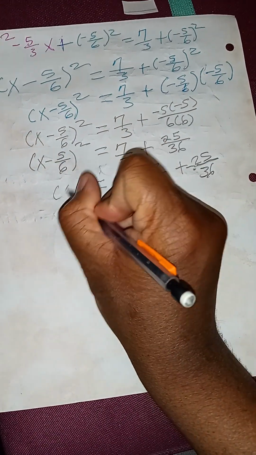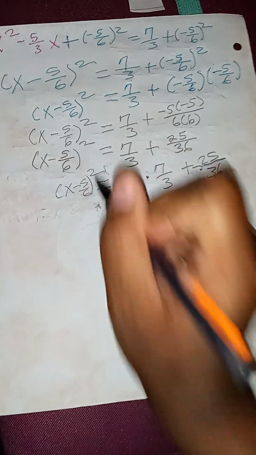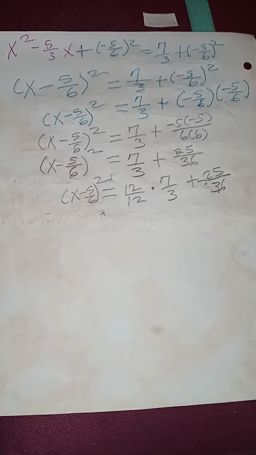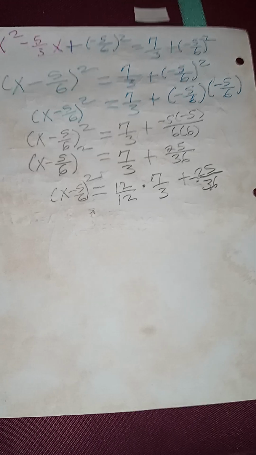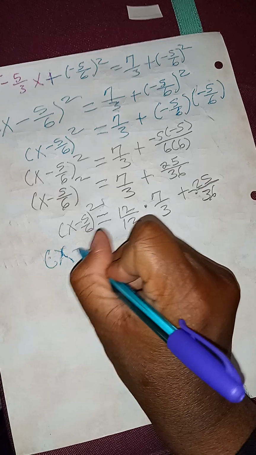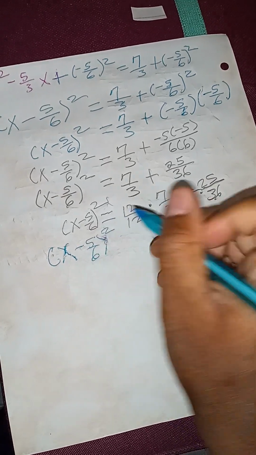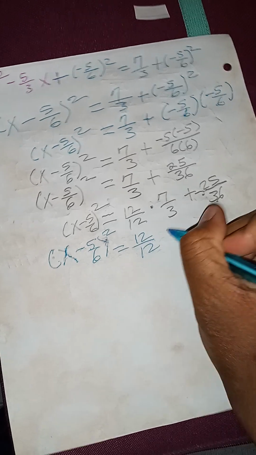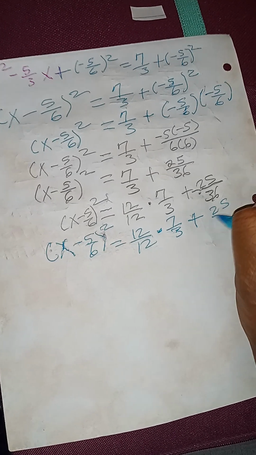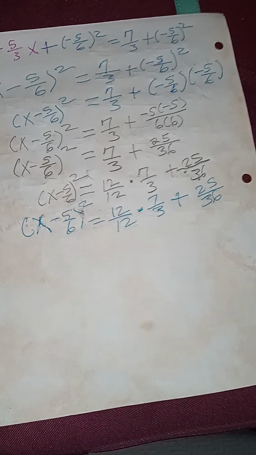Perfect. So now this reads (x - 5)/6 squared is equal to 12 divided by 12 times 7/3 plus 25 over 36.